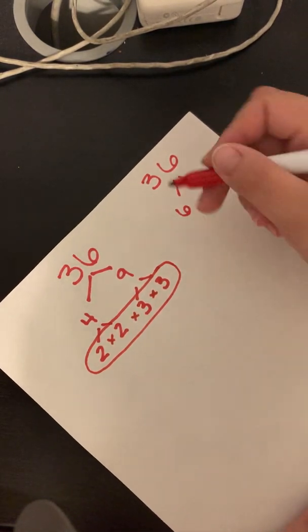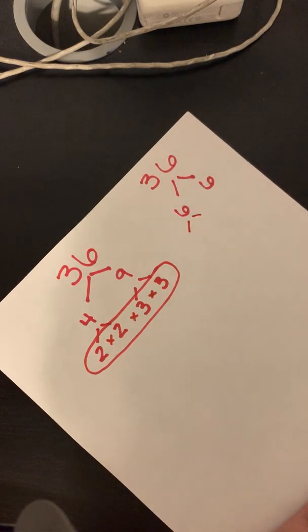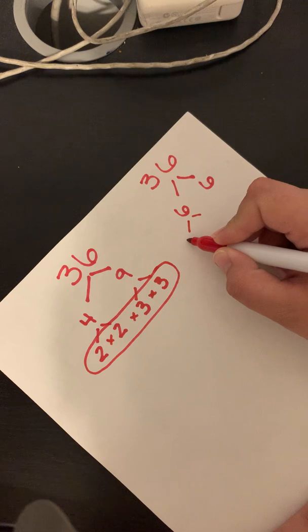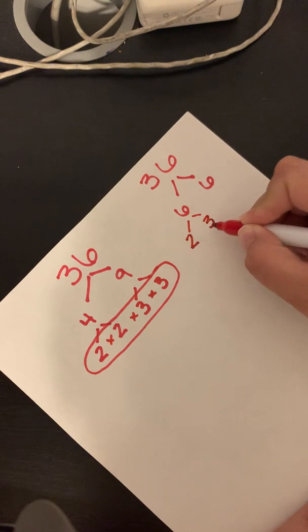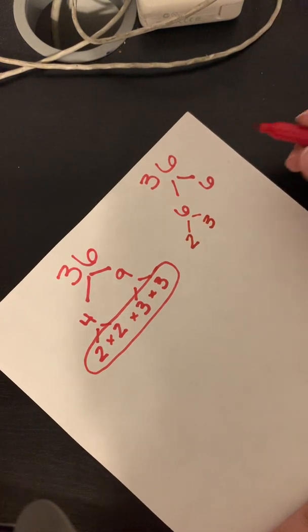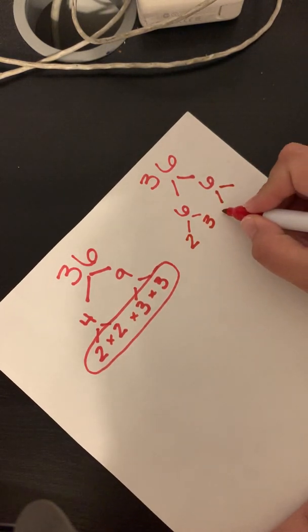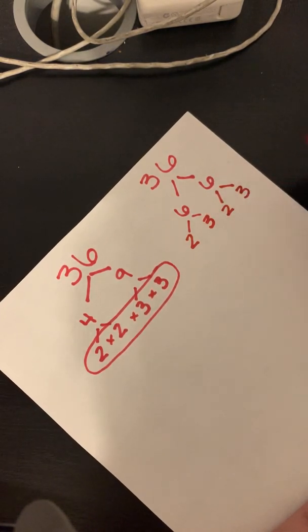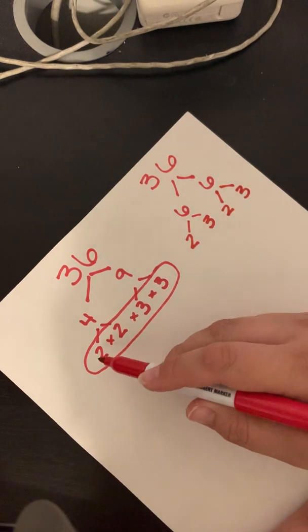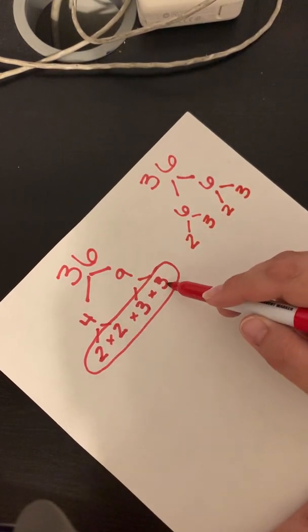Let's try the 6 times 6 one. What 2 numbers can you multiply together to get 6? 2 times 3 equals 6. We have the same number over here, so we're going to do the same thing. 2 times 3. Notice how we have 2 times 2 times 3 times 3.